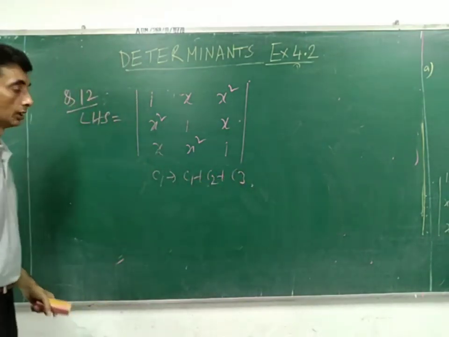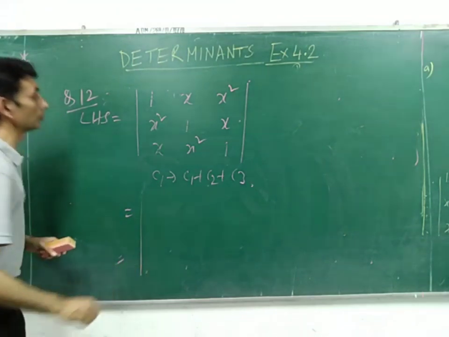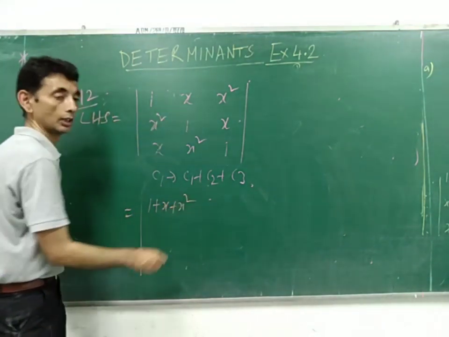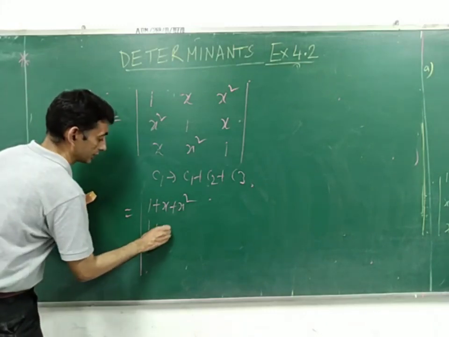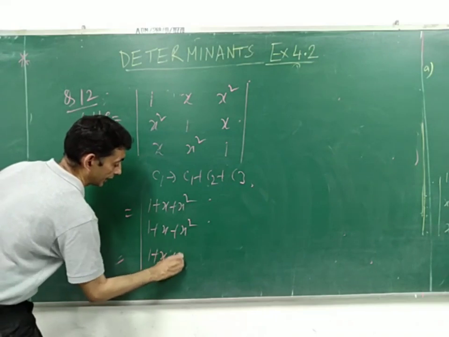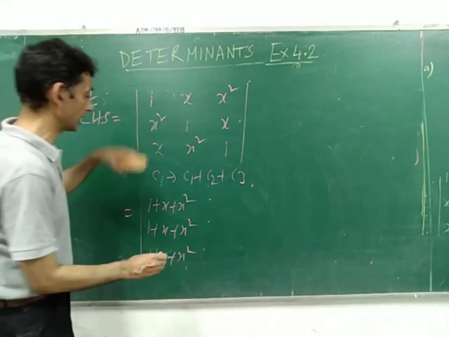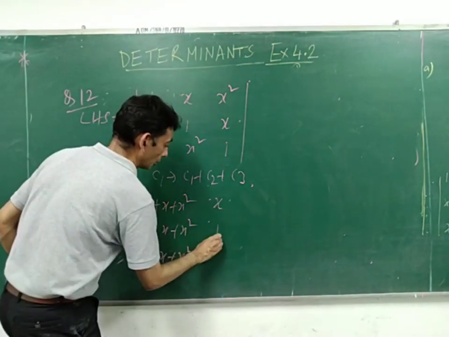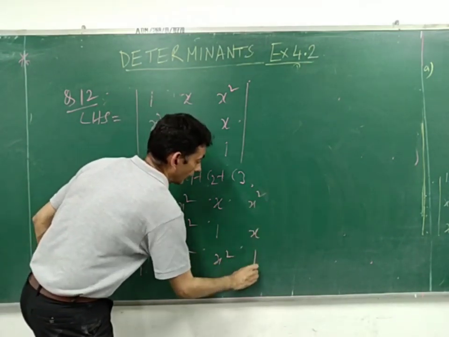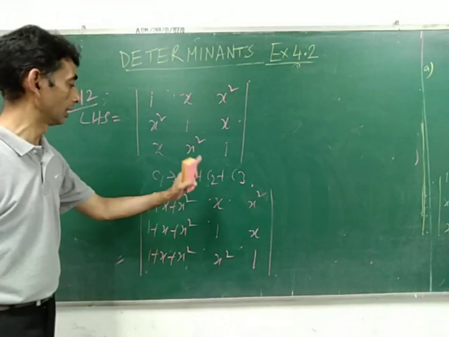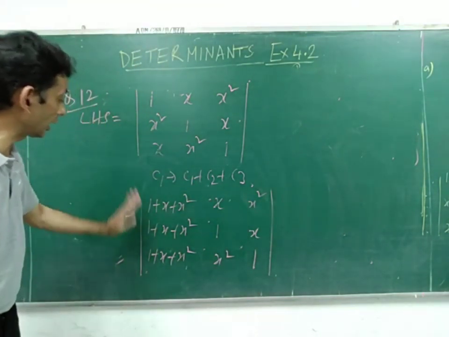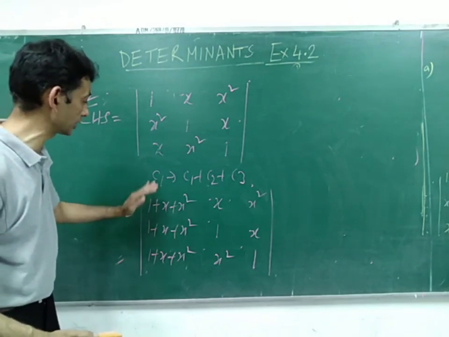If you change column 1, we'll be adding these. The first element will be 1 plus x plus x squared, the second element will also be 1 plus x plus x squared, and the third element will also be 1 plus x plus x squared. There is no change in column 2 and column 3. So in column 1, each and every element is 1 plus x plus x squared.